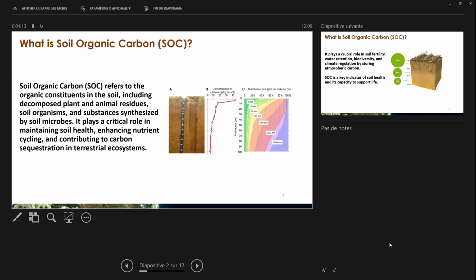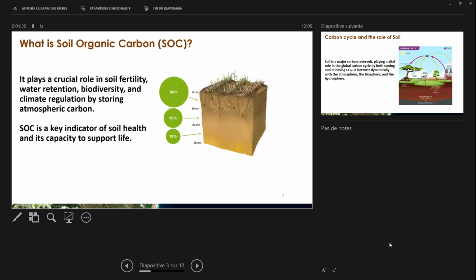Soil organic carbon plays a vital role in maintaining soil health, enhancing nutrients, and contributing to carbon sequestration in terrestrial ecosystems.